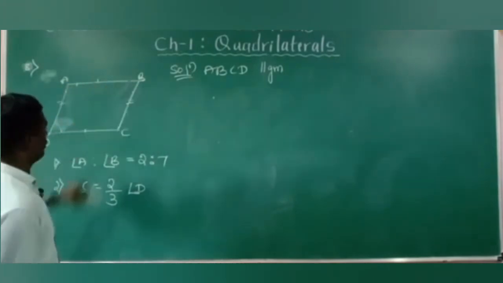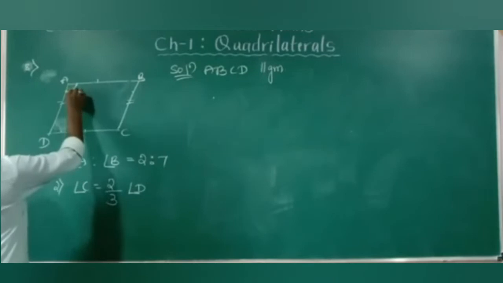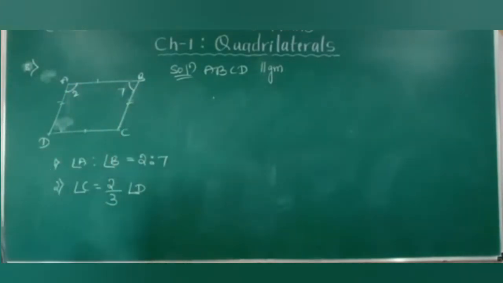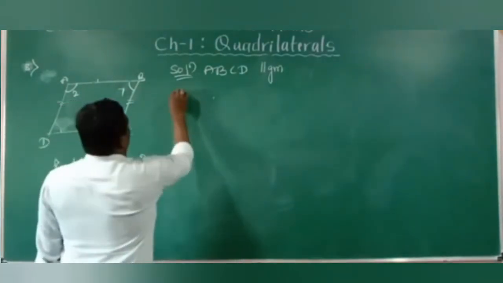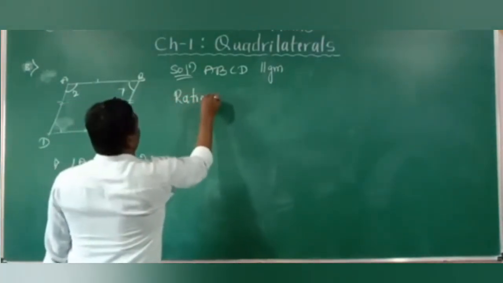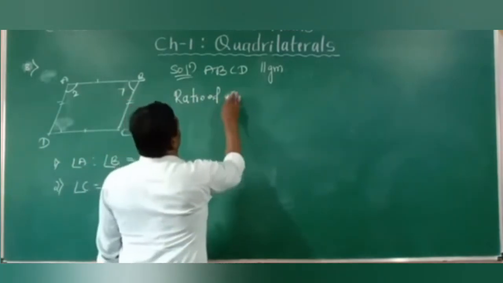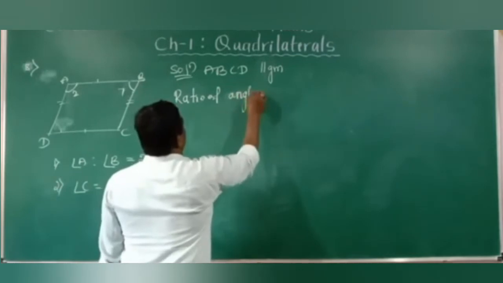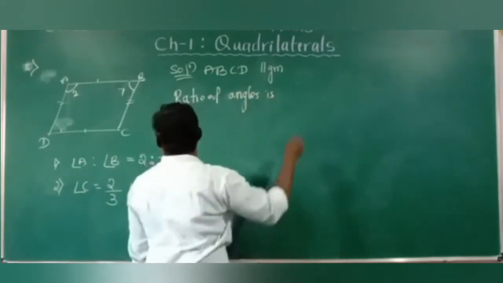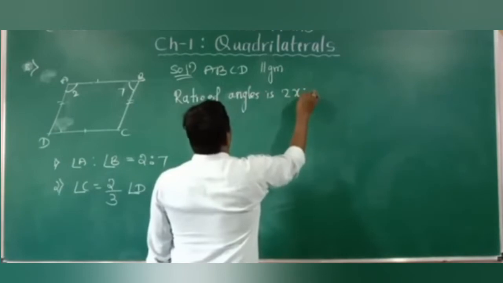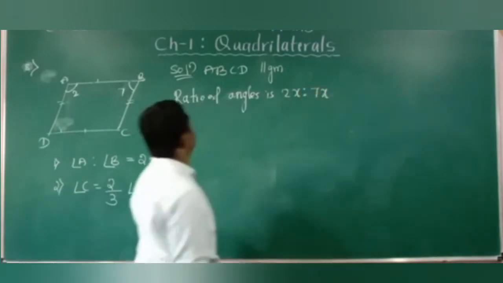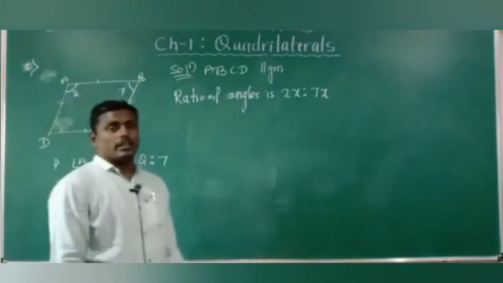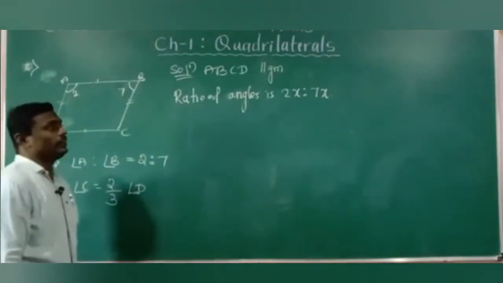Angle A's given ratio is 2 and angle B's given ratio is 7. The angles are in the ratio 2x and 7x.